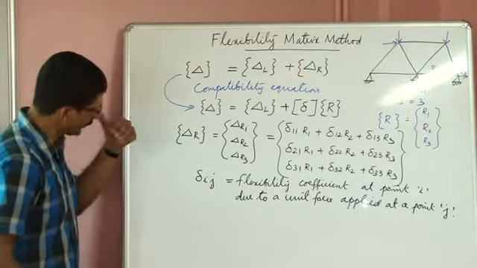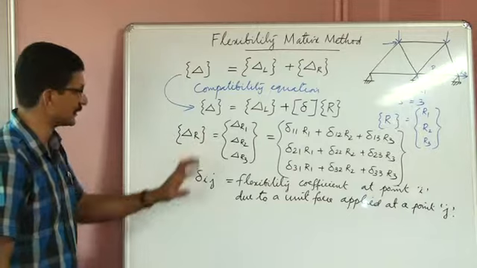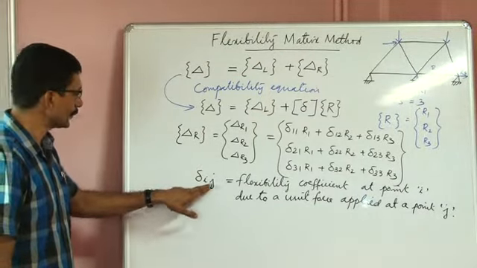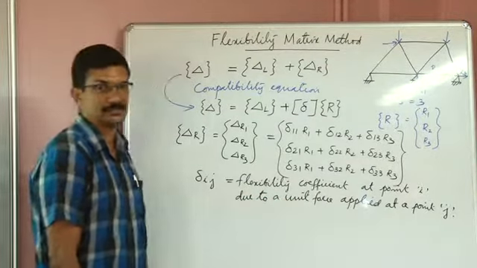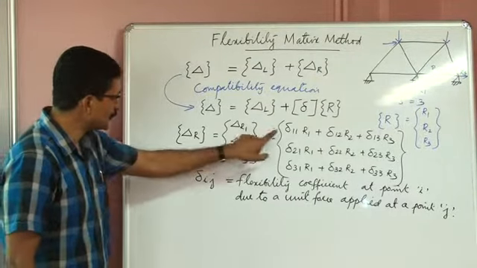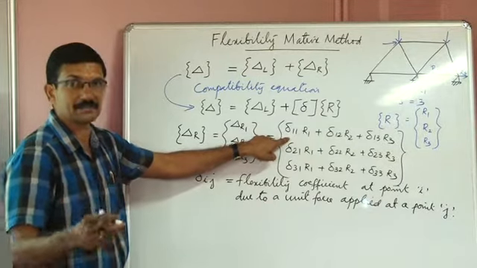You can also tell it like deflection, not flexibility. You can say deflection at joint I due to a unit point force applied along joint J. That is delta Ij. And we have found out these deltas in at least two examples in the previous lecture already.